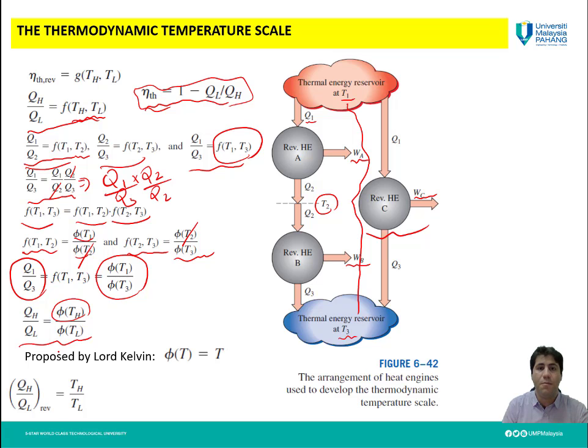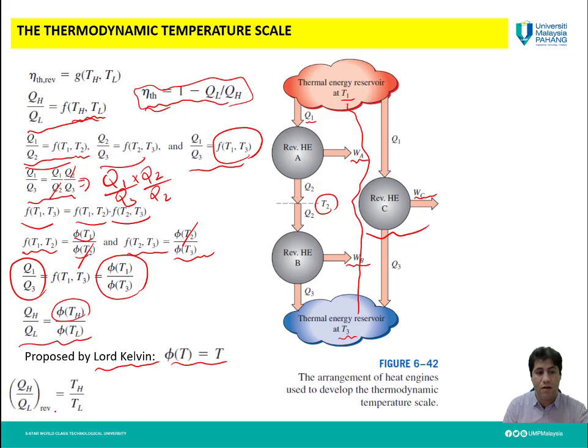The most simple type of function which we can write is to assume that phi TH or phi TL is equal to T, or phi T equal to T. This is the most simple function, which is proposed by Lord Kelvin.